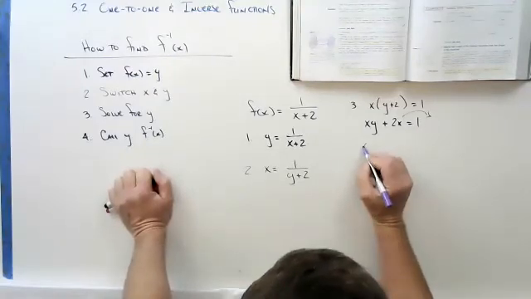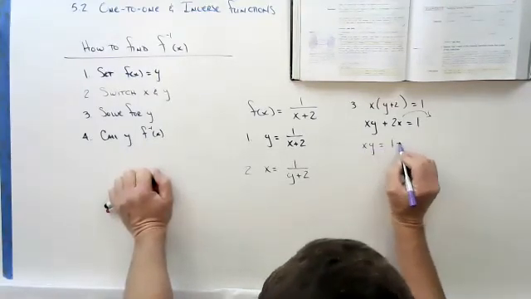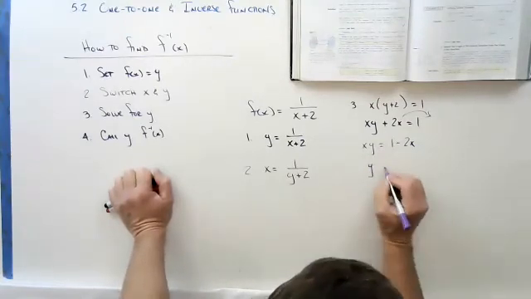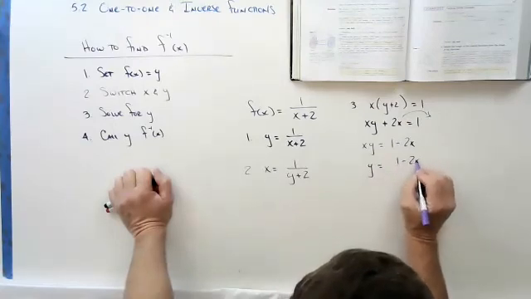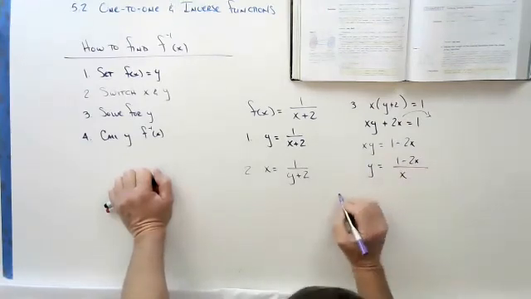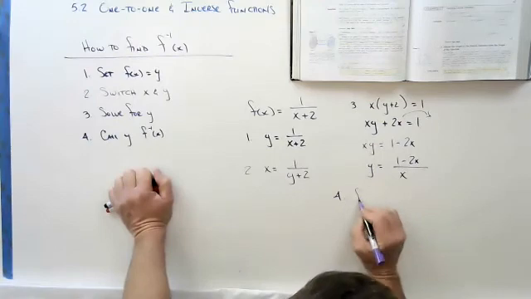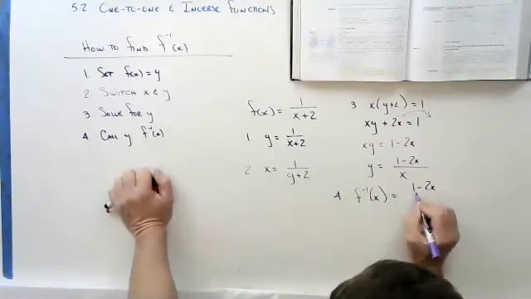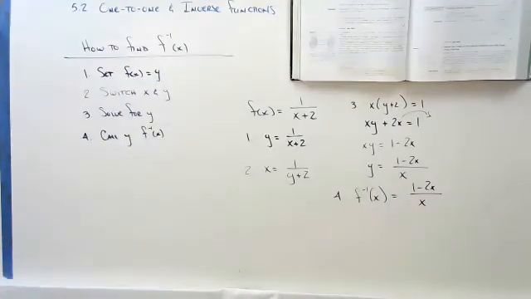I think that's a good plan. I'm going to divide by x. I like that call. Step 4, call y f inverse. Done. I mean, come on, it's Algebra 1.